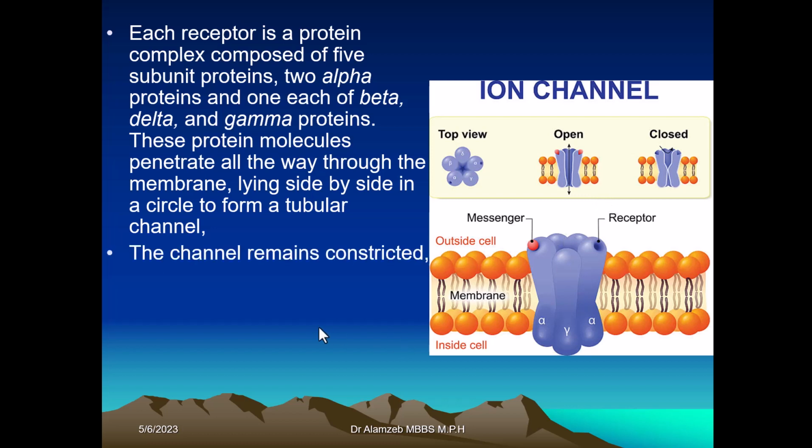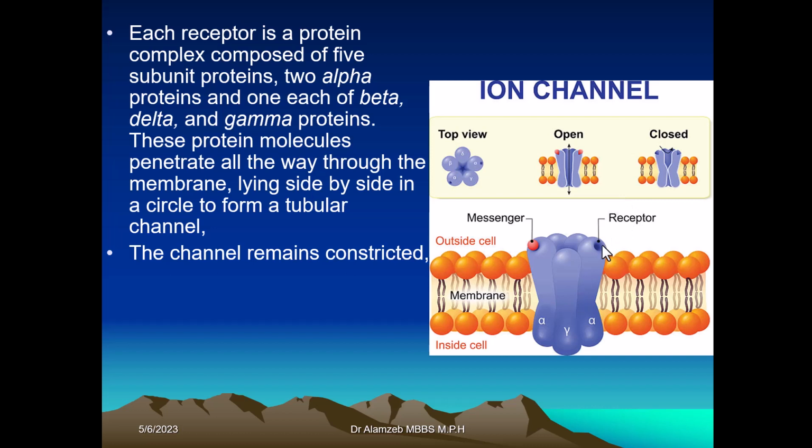In normal condition, the channel remains closed. When there is no activity in the muscle, this channel remains closed. Here you can see that the channel is closed. But when the action potential arises, the alpha subunits make the receptor for the acetylcholine released from the neuronal end into the synaptic gutter.